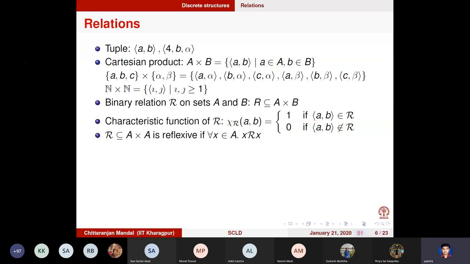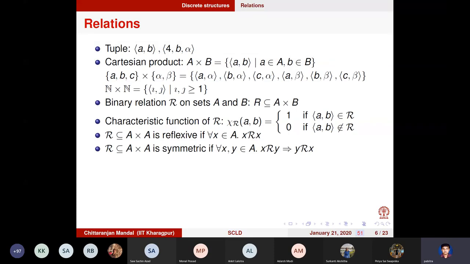A relation is called symmetric if for any X and Y in A, if X is related to Y, it implies Y is also related to X. And this should hold not for any particular X and Y, but for all X and Y in A. This is an important point.